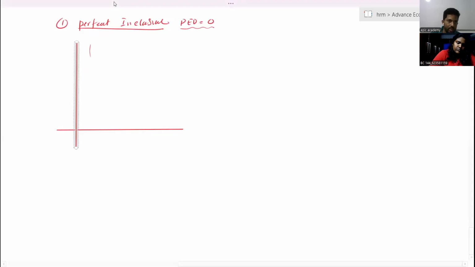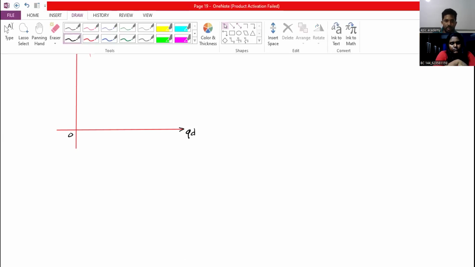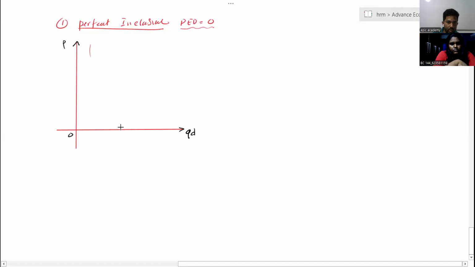So just consider this vertical axis represents the prices, horizontal axis represents the quantity demanded, and this is the 0 point. And the demand curve is not going to change. Demand amount is not going to change.